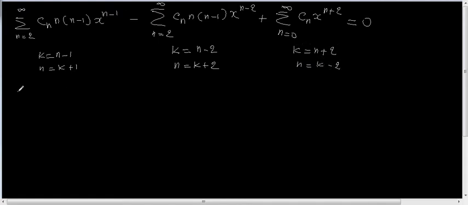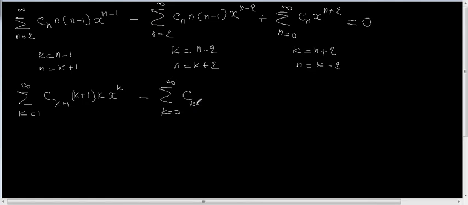Now, if we do these substitutions, everything should be changed in terms of k. When n is 2, k will be 2 minus 1. That means we have a power series starting at 1 to infinity. Cn is C(k+1). We have k plus 1, n minus 1 will be k, x^k. For the second power series, when n is 2, k will be 0. So we start at 0 to infinity.